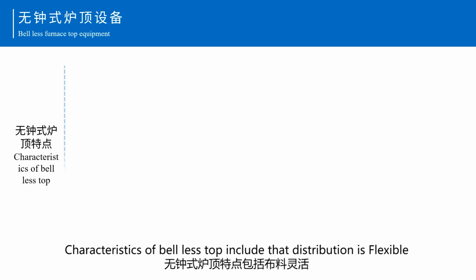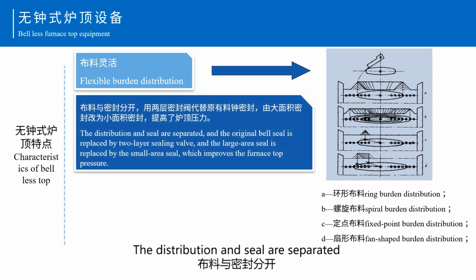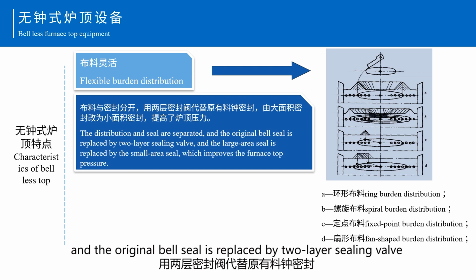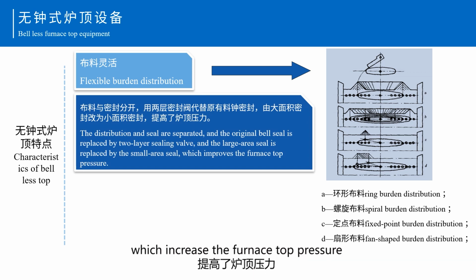Characteristics of bell-less top include that distribution is flexible. The distribution and the seal are separated, and the original bell seal is replaced by 2-layer sealing valve, and the large area sealing is replaced by the small area seal, which increases the furnace top pressure.